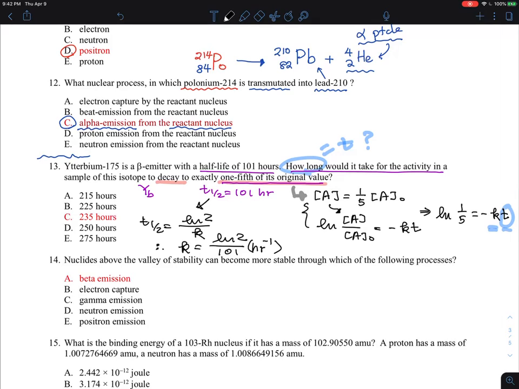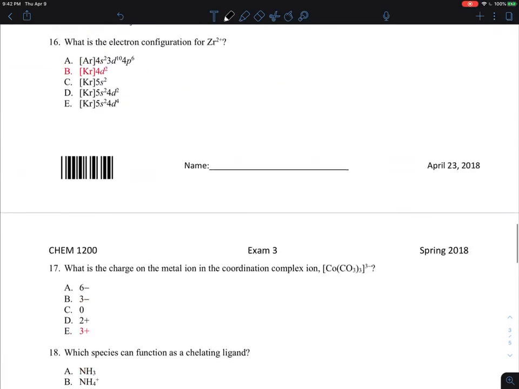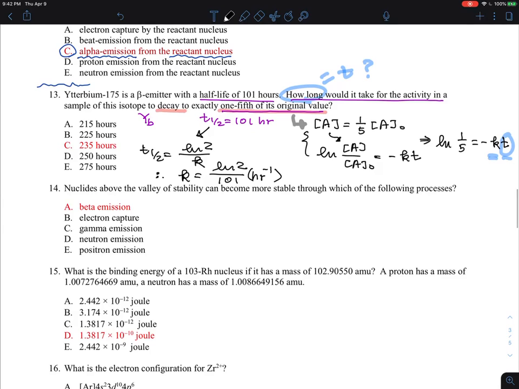You plug that in, and this becomes ln 5. So ln 5 equals ln 2 over 101 times t, and t has a unit of hours. If you put all that in, you will get the answer of 235.